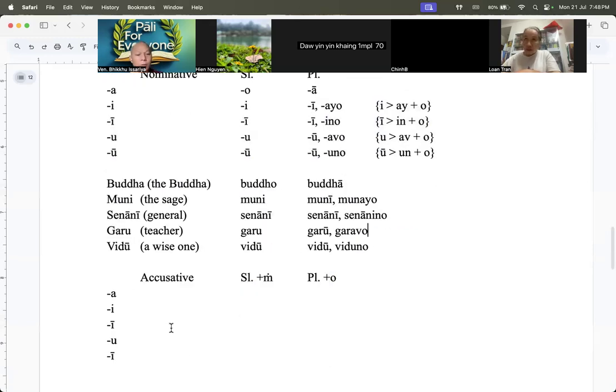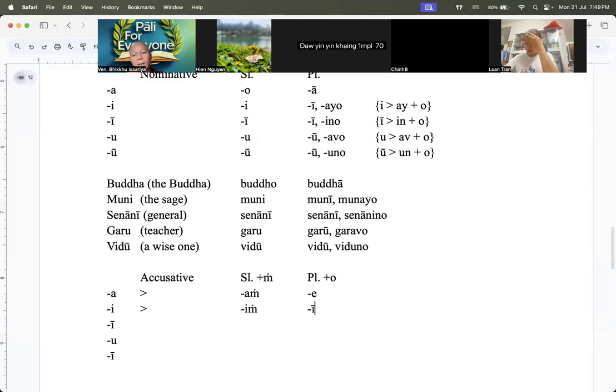So now, to the A, if we add the niggahita, at that time we get the singular. But for the plural, it's just A, not using this 'o'. Okay, it is a little bit irregular. So please note that.